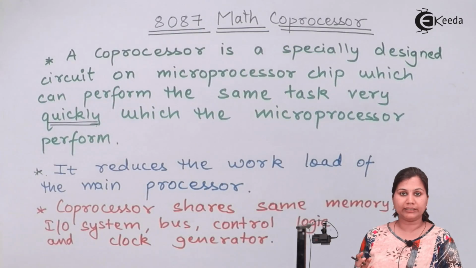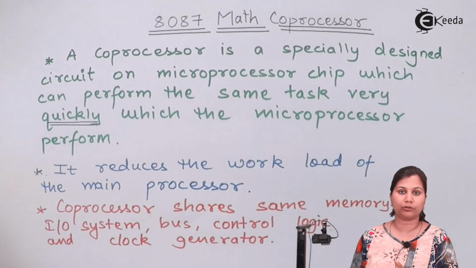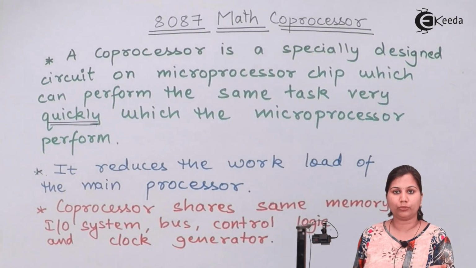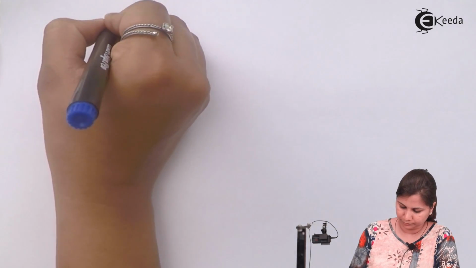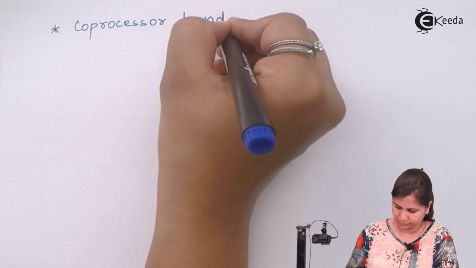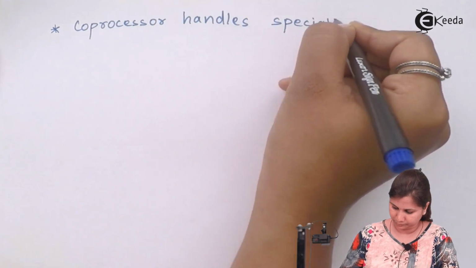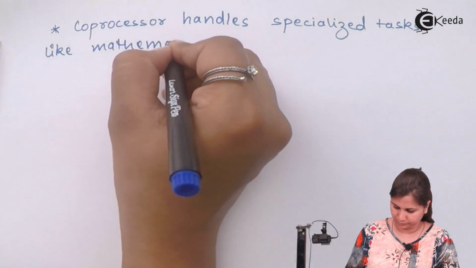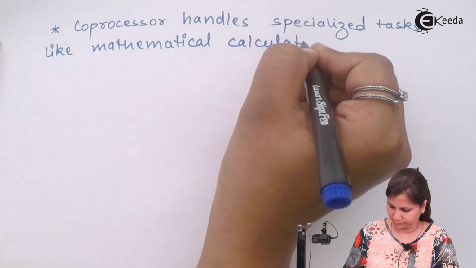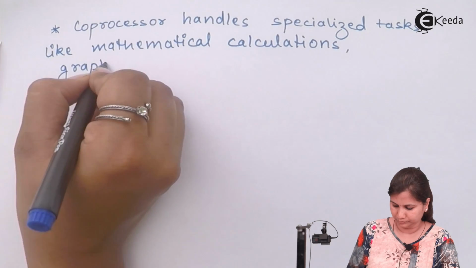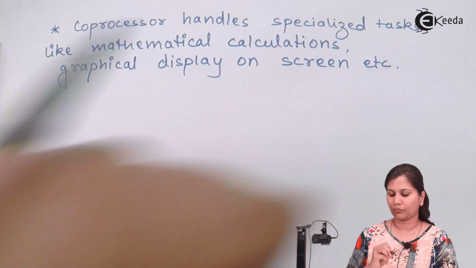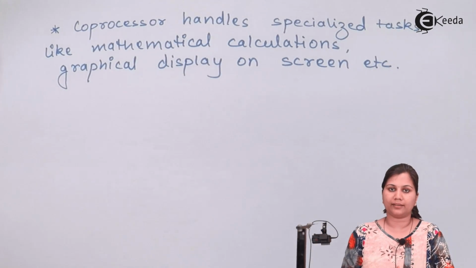Then graphical displays on the screen will also be handled by the coprocessor, so that the microprocessor does not get busy in doing those tasks. So this is what a coprocessor is.